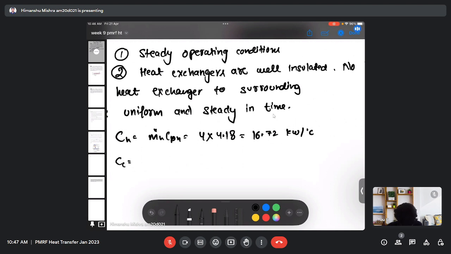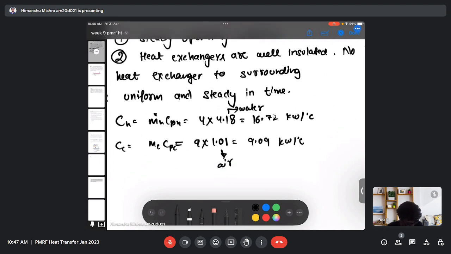The heat capacity of the air will be 9 into 1.01. It's air and it's water. So this is the heat capacity of the other fluid.